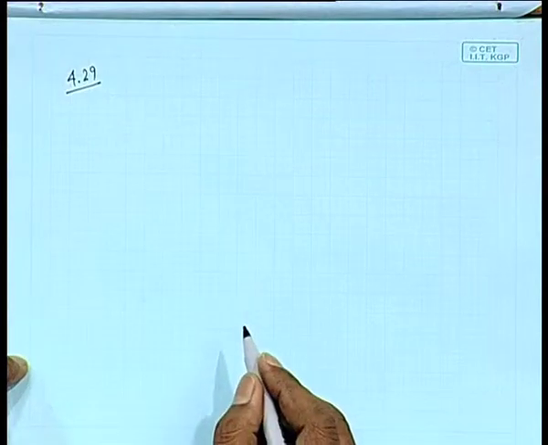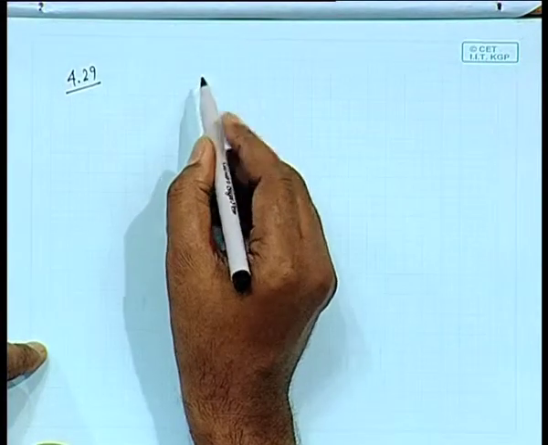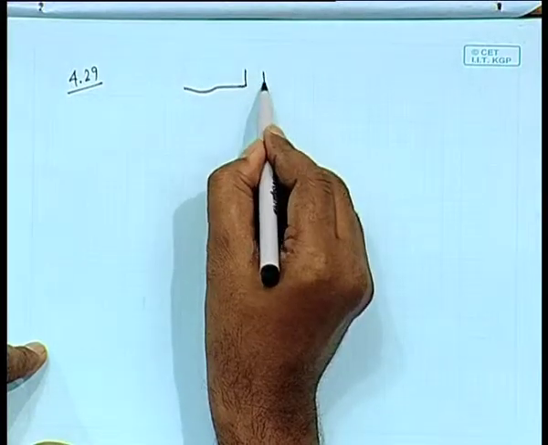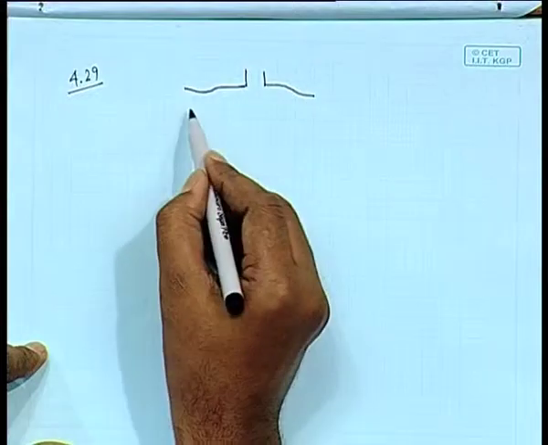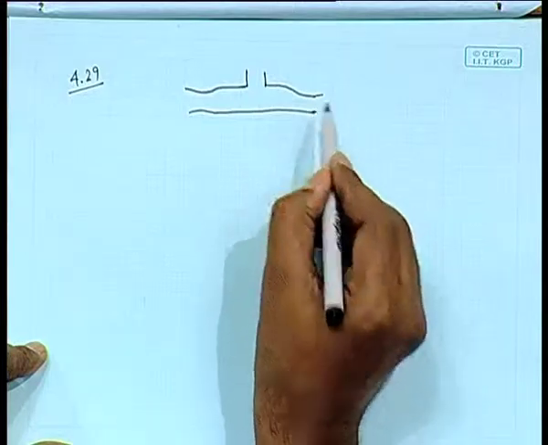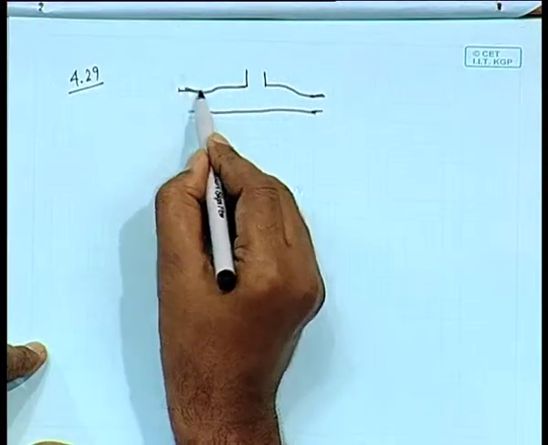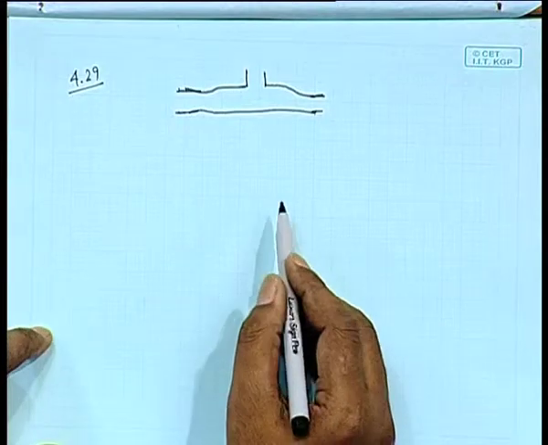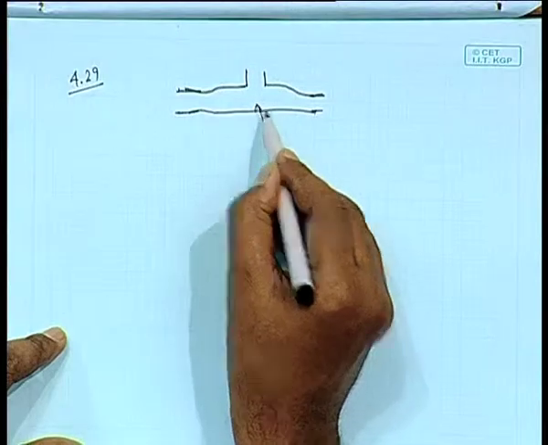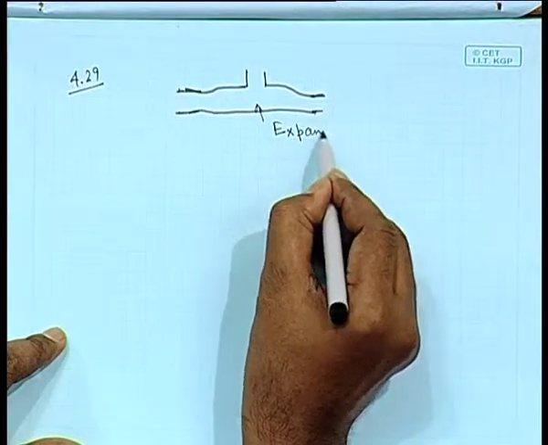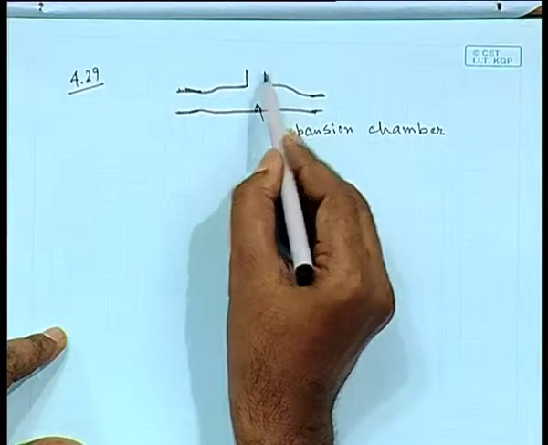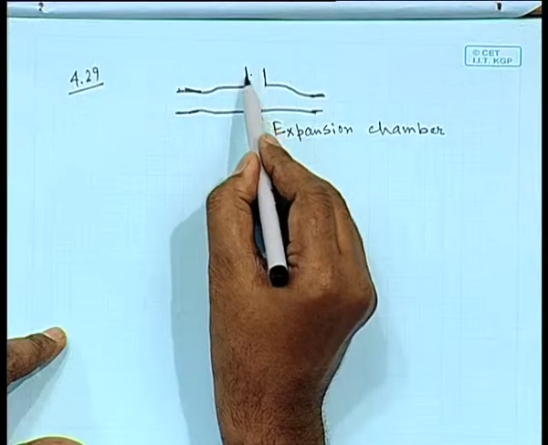The twenty-ninth problem in the exercise says you have a chamber something like this, the straight part. A section of pipe carrying water contains an expansion chamber. This end is free.